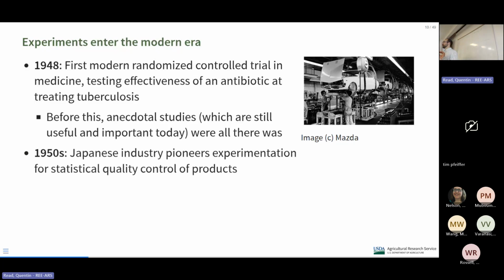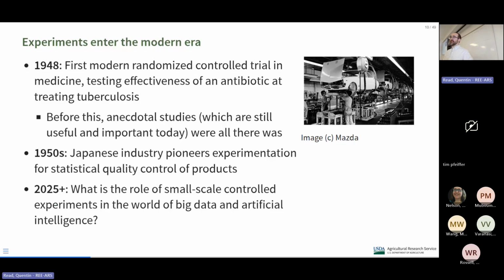And experiments also started to be used in industry, and that was really pioneered by Japanese firms, starting in the post-World War II era, using experiments and then subjecting the results to statistical analysis to do quality control on products. And now, in 2026, obviously, everyone's talking about big data, AI, and so forth, and experiments, because of all the infrastructure you have to set up and the conditions you have to control, are not necessarily producing big data.